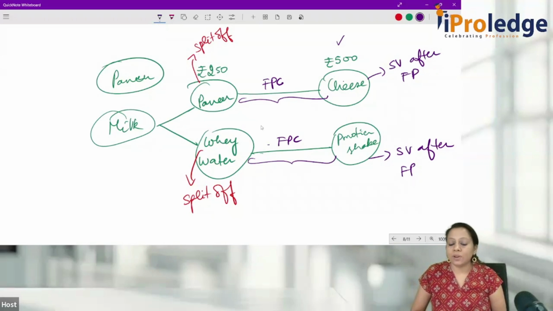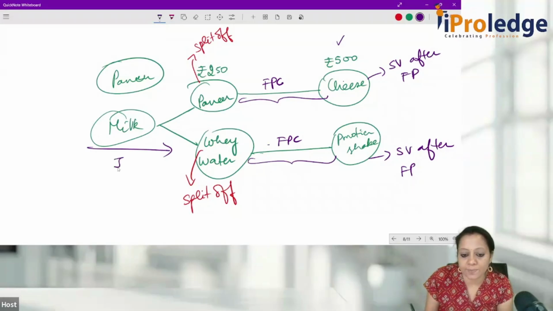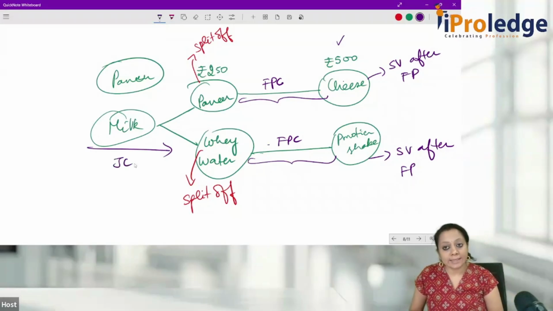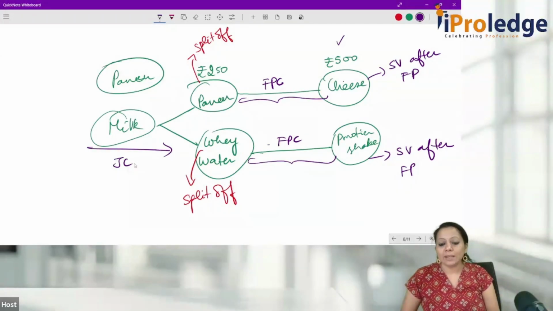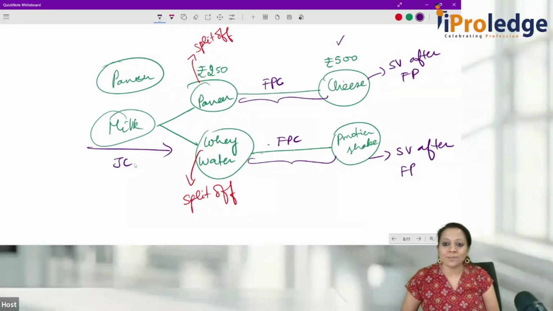The joint cost of milk and labor can be apportioned based on sales units, sales value, net realizable value, and many other bases. Usually, they will give the basis in the question. Otherwise, the joint cost will be a balancing figure. Like that, we have solved some questions also, right?